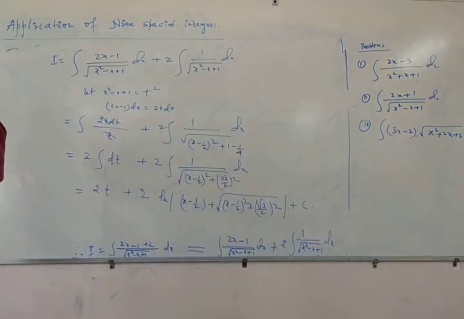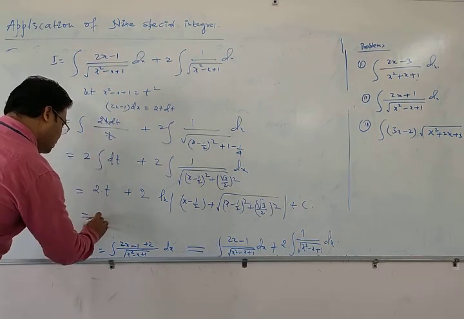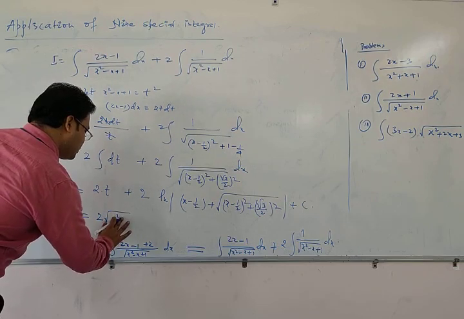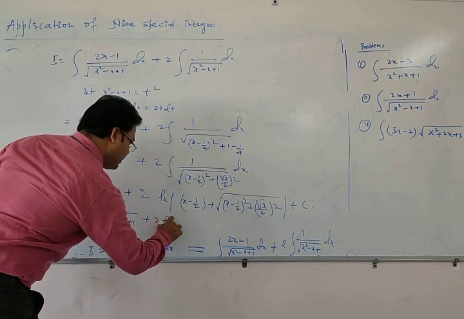If you want to simplify this, you can simplify. In place of t, you can write 2 into the square root of x square minus x plus 1, plus 2 ln mod.